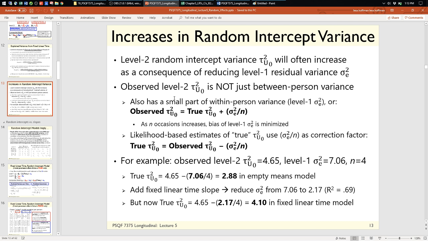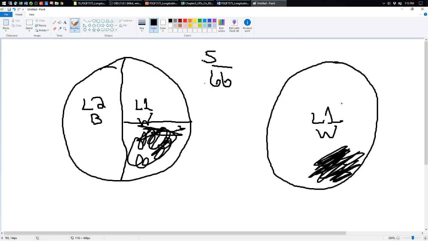So it comes back. In situations in which you start out with a model where the ICC is 0, you can't even estimate it. Some people would recommend putting in time so that you can reduce the correction factor and get the ICC after controlling for time. In the Hox book, for instance, he recommends doing this.